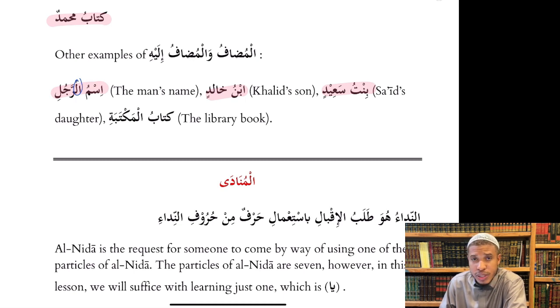Okay, they're going to end with tanween. Unlike female names, the alam al-mu'annith, la yunawwan, as we talked about already, it does not take tanween. So bintu Sa'idin, Sa'id's daughter. Bintu is mudaf, Sa'idin is mudaf ilay, Sa'id's daughter.